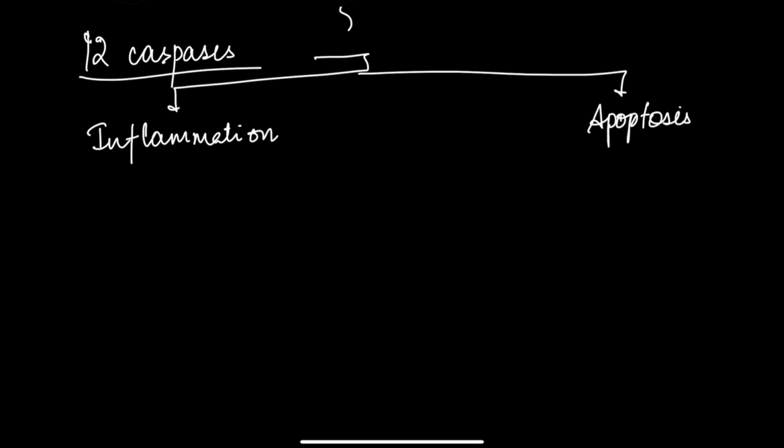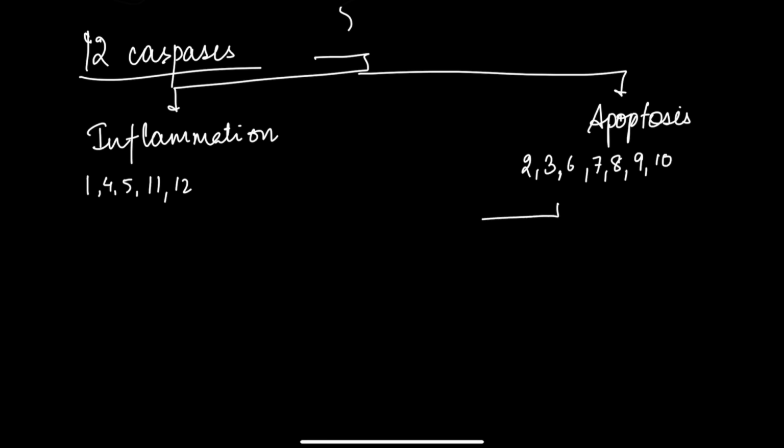Inflammation means they show swelling if they are in process or are active. They are 1, 4, 5, 11, 12. The apoptotic caspases are 2, 3, 6, 7, 8, 9, 10, right?